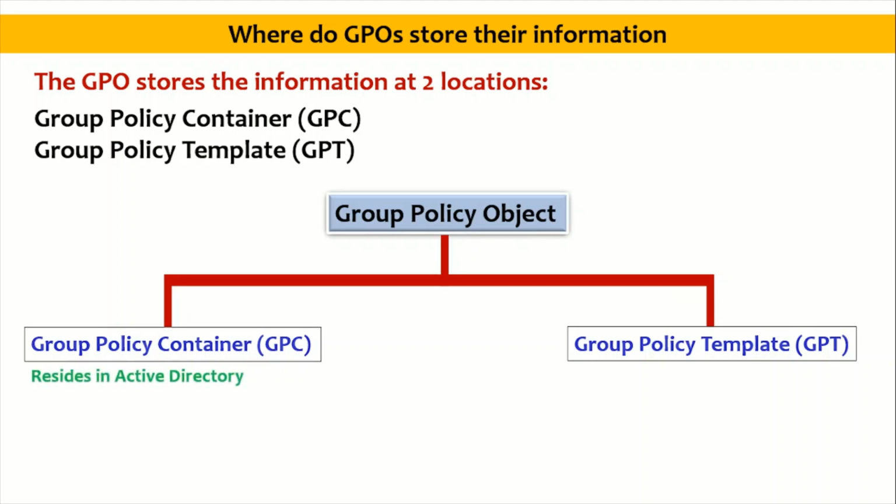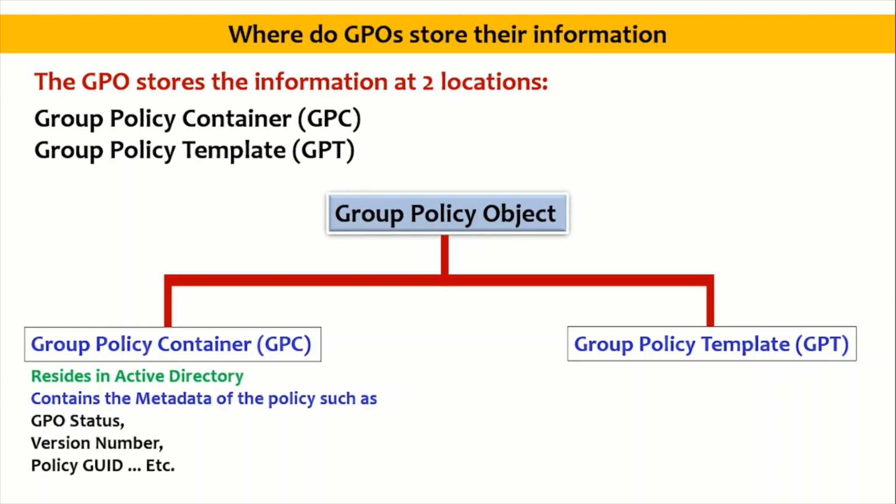The group policy container resides in Active Directory and contains the metadata of the group policy, such as the group policy status, the version number, policy GUID, etc. It means it contains information about the policy.